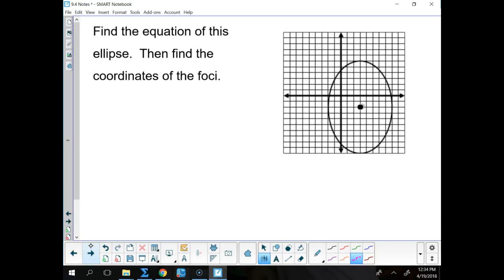Go for it. Center. Okay. Horizontally. 5. Vertically. 8.